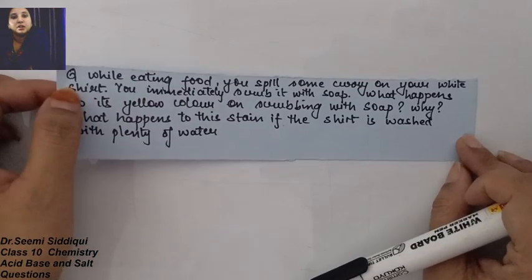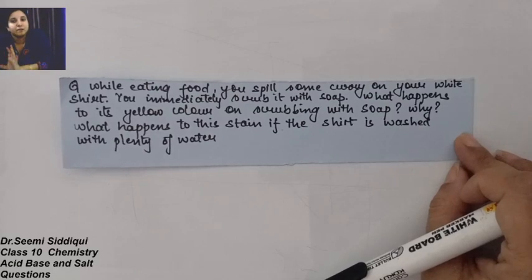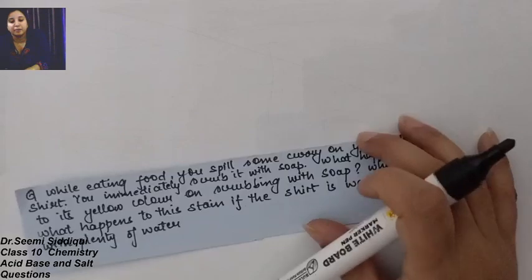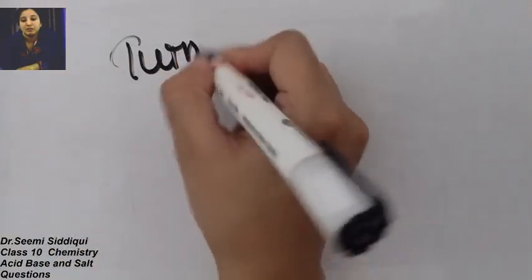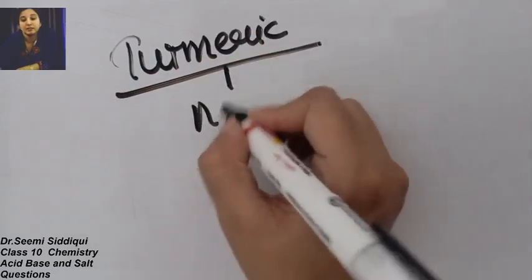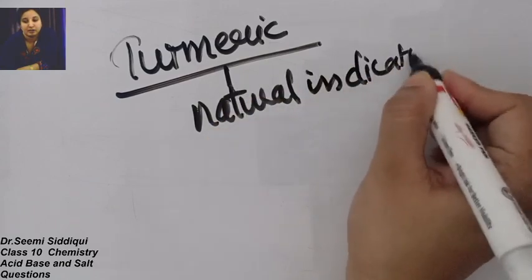In the curry we have turmeric, and we have done that turmeric is a natural indicator, isn't it?